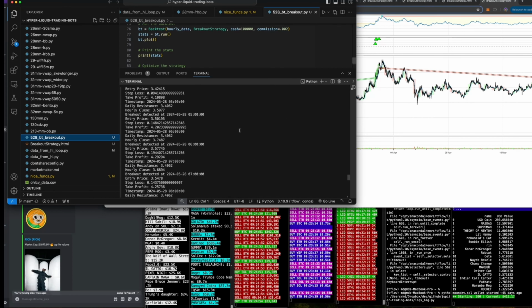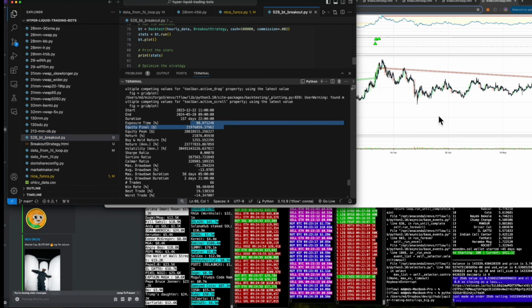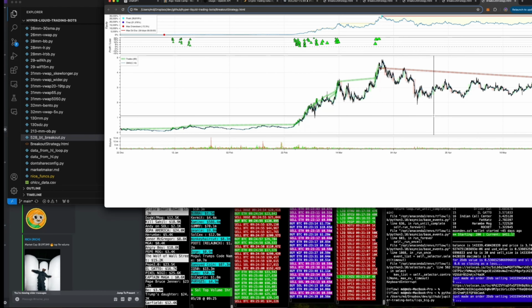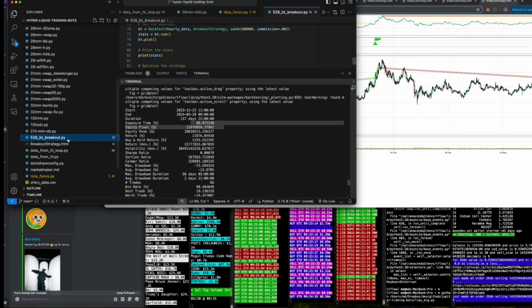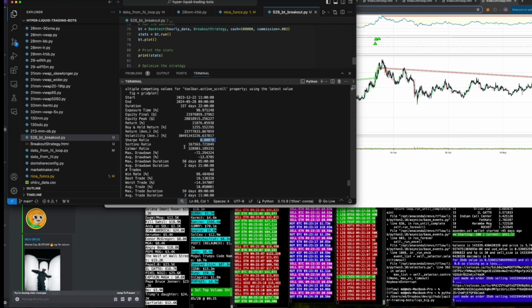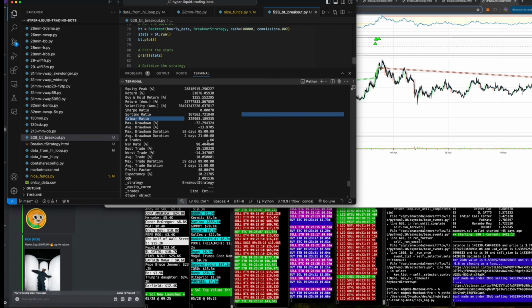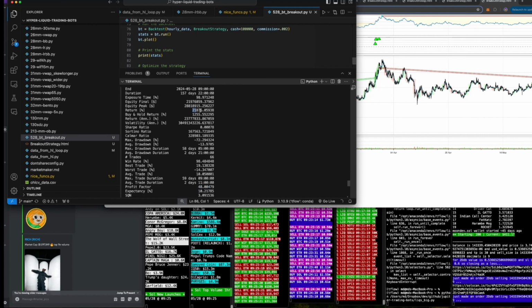Oh, it was optimizing. Exposure time is 98%. It's too much, in my opinion. Sharpe ratio is 0.something, Sortino's unreal. 66 trades, which is nice. Profit factor 48. The return is 21,000%. Buy and hold is 1255.